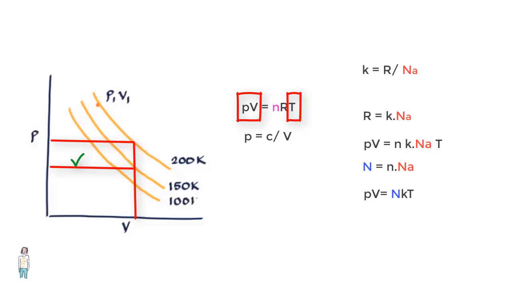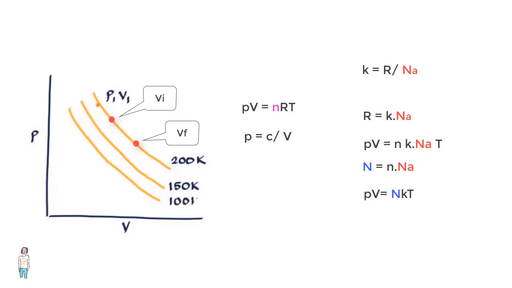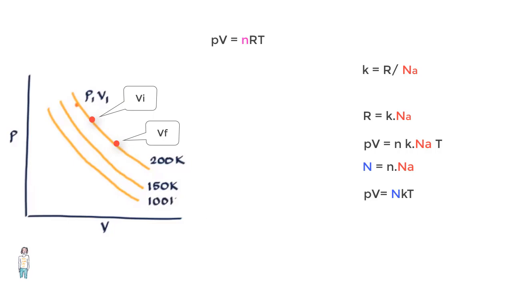So let's go ahead and see that if the path taken by an ideal gas at this temperature is say from some initial position I to final position F, then to find work done by the gas during such an isothermal expansion, we can make use of the equation W is equal to integral PdV as the volume changes from Vi to V final, and this is the general expression for calculating the work done during any process if there is a volume change.